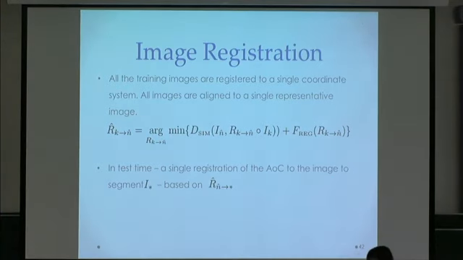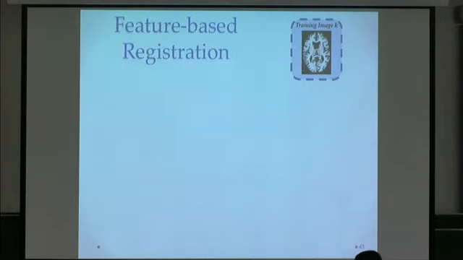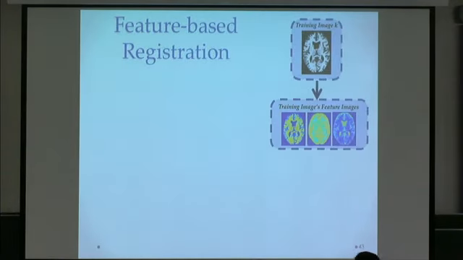One more thing I should note is related to image registration. Obviously, we need to register the images. We do most of the registration work during training. So we pick one image and we do the registration with respect to that image. Actually, we do not use the image intensities, but again, the image features.